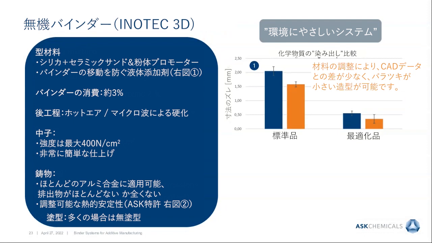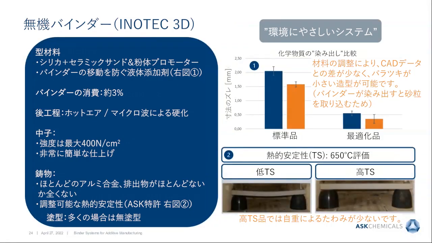One ASK exclusive feature that this system contains is the adjustable thermal stability. So maybe this little experiment illustrates it best. Those are simple testing bars which are put on 2 anchor points and then placed in an oven at 650 degrees C. Without adjusting the thermal stability, after a period of time, the test bars will bend under their own weight.